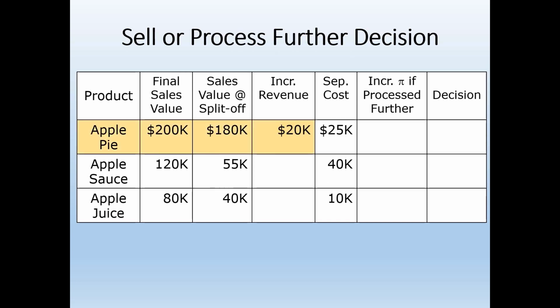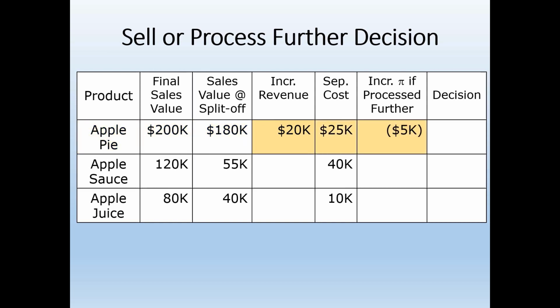When we compare the sales value of the apple pies to the sales value of the apples themselves, we find that turning the apples into pies increases their sales value by $20,000.